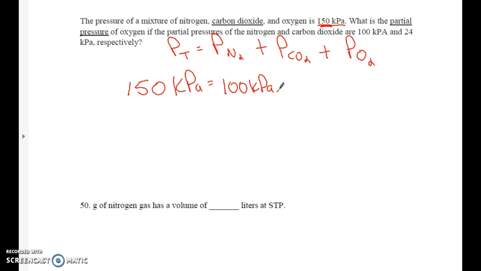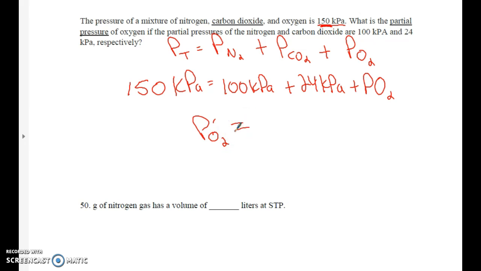We are solving for O2. It also gives us carbon dioxide. That is 24 kilopascals. And we want to solve for partial pressure of oxygen. So all you have to do is subtract. When you subtract, you go by the least number of decimal places. And since these are all whole numbers, our answer should end up being a whole number.